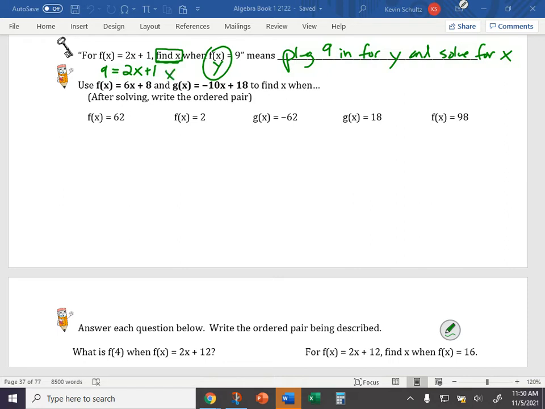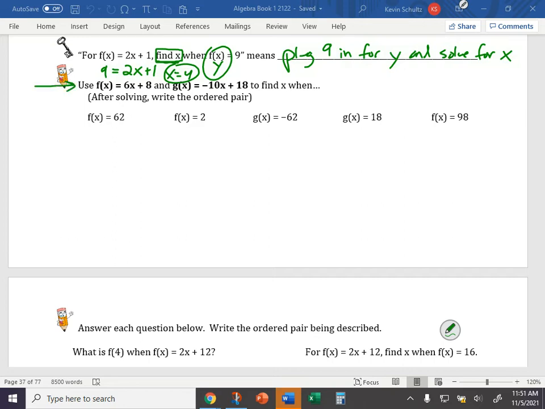Okay. X would equal 4. Right? So again, being a new notation, a new way to look at something, you kind of need to understand what it's saying. It's like when you study vocab for science or whatever, right? Here's this new word, this new phrase. What does it mean?